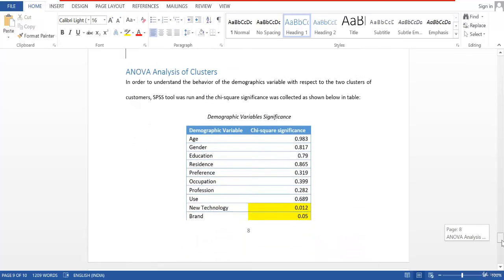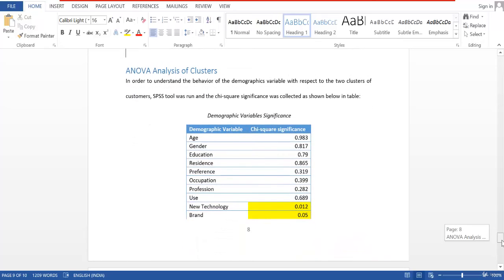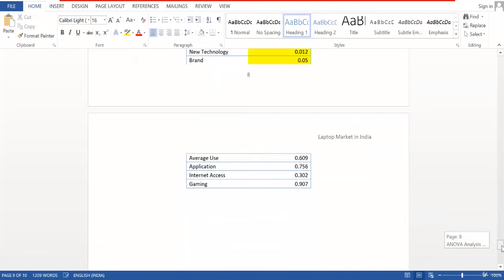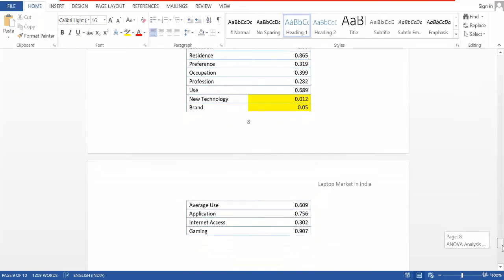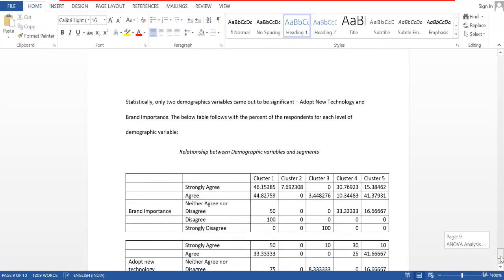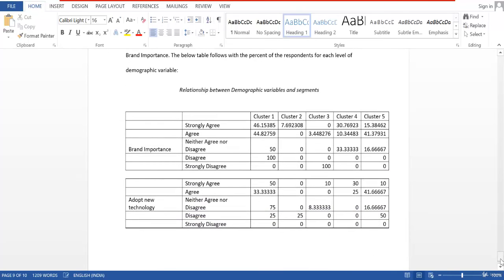The next step is to analyze the clusters with respect to demographic variables, to see which is the most influencing factor contributing to buying behavior of laptops in the market. So this is how a conjoint analysis is done, and then we look at the relationship between demographic variables and segments.